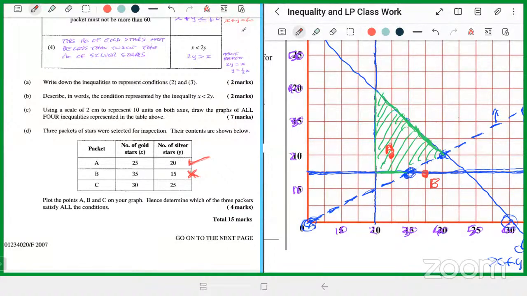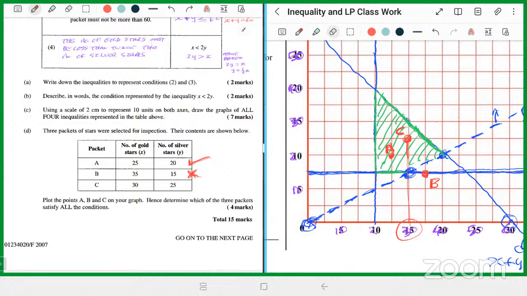The next pocket is pocket C. 30, 25. Let's see where 30, 25 is. So 30 here, and 25 is right here. So that point would be right here, 30, 25. That's point C, the third pocket.